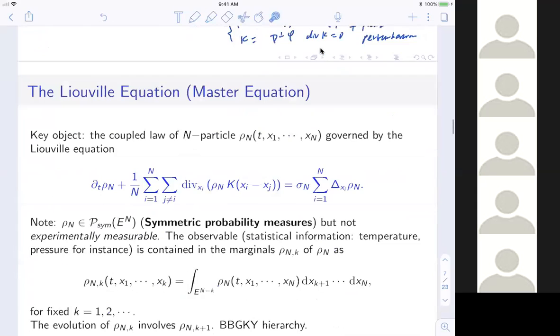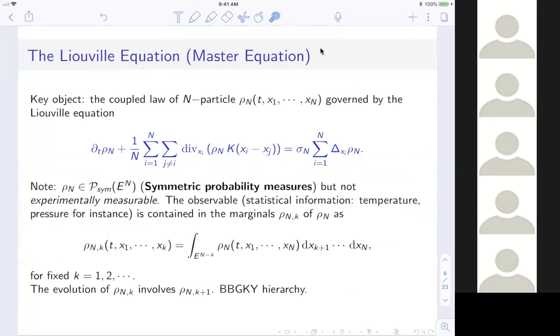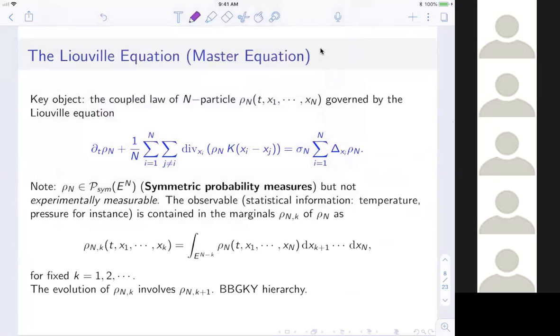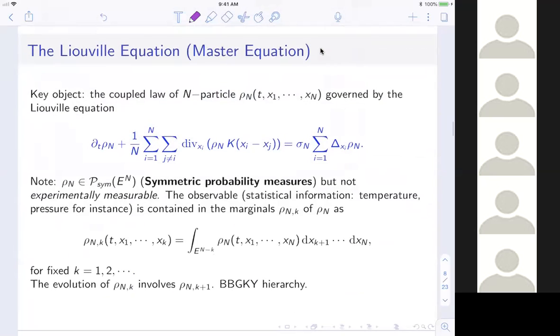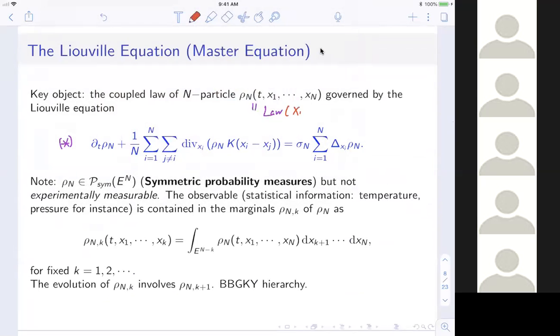Okay, so here is our framework. From now, let's go into our framework. Instead of considering a particle system, we consider the Liouville equation. ρn is just the joint distribution of all particles, x1t to xnt, the joint law of all particles.